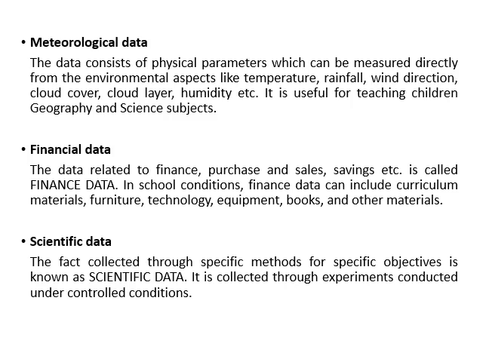The data related to finance, purchases and sales, savings, etc. is called financial data. In school conditions, financial data can include curriculum materials, furniture, technology, equipment, books, and other materials.